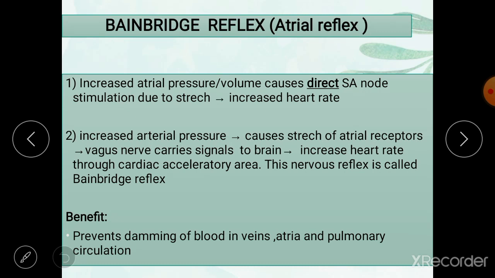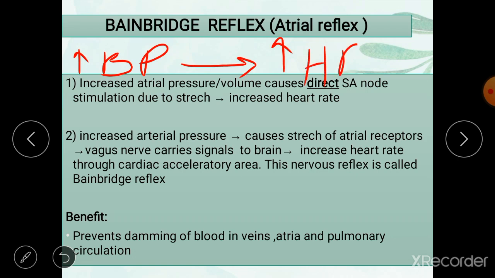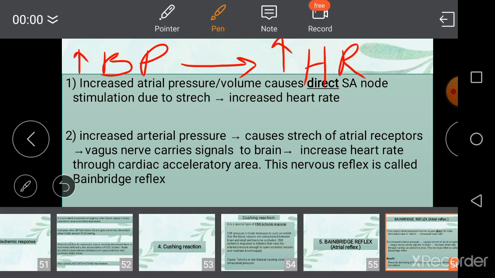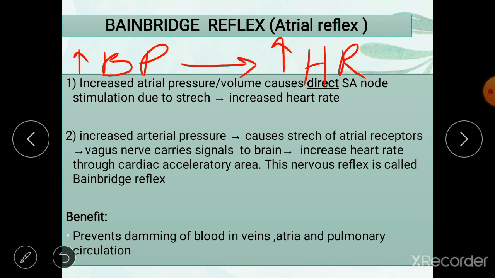What happens in Bainbridge reflex is that whenever there is increased blood pressure, as a result, the Bainbridge reflex is going to be activated, which is going to result in further increase in heart rate and heart contractility. So you can see that it is opposite to what we have studied before.